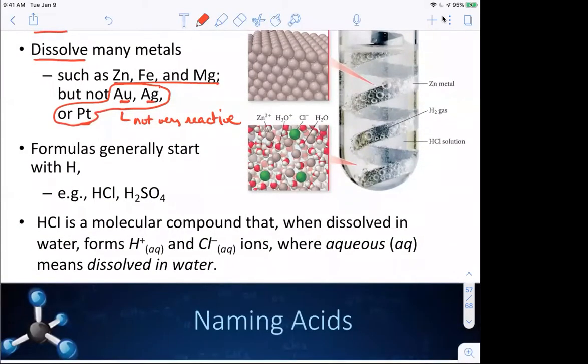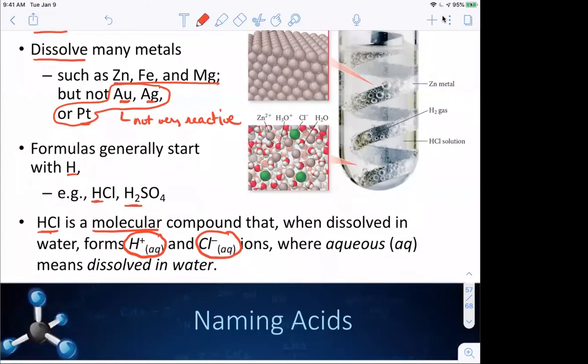The formulas are going to start with H, like HCl or H2SO4. HCl, for example, is a molecular compound because it has two nonmetals. When it's dissolved in water, it's going to dissociate or ionize to form H plus and Cl minus.